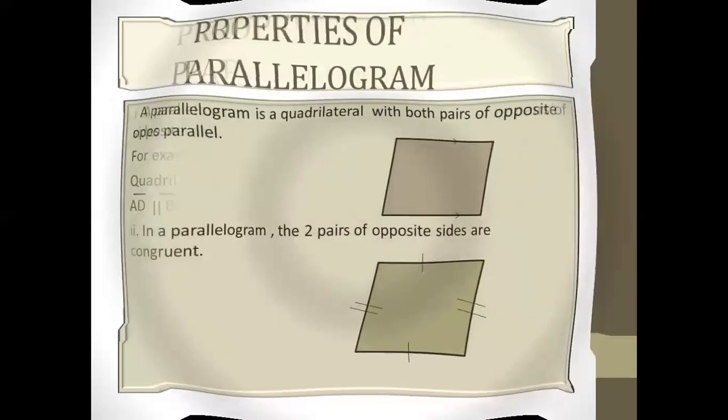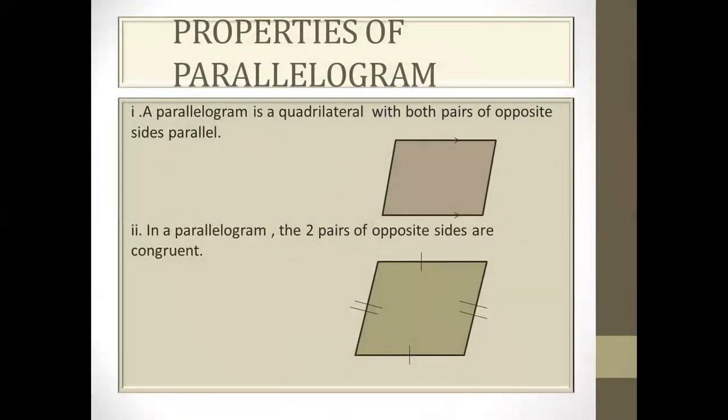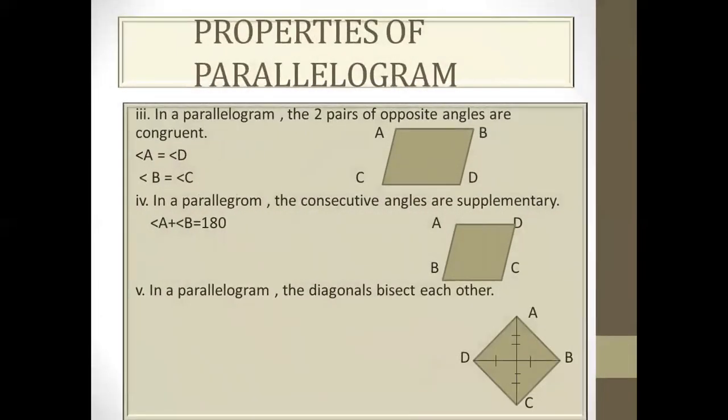Now come to the characteristics of the parallelogram. A parallelogram is a quadrilateral with both pairs of opposite sides parallel. We discussed this in the definition. In a parallelogram, the two pairs of opposite sides are congruent. Third, in a parallelogram, the two pairs of opposite angles are congruent.